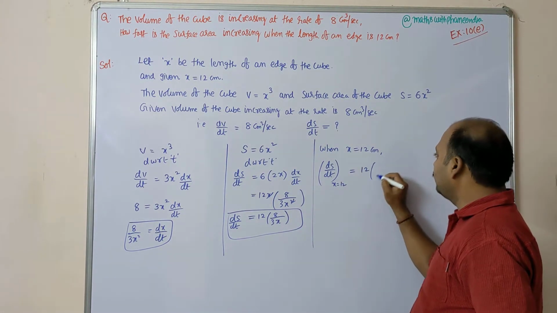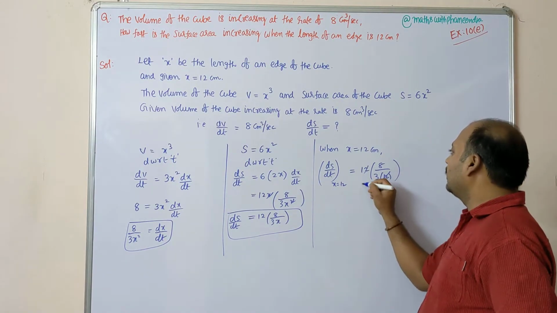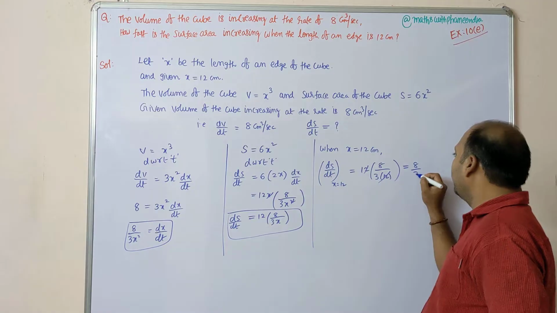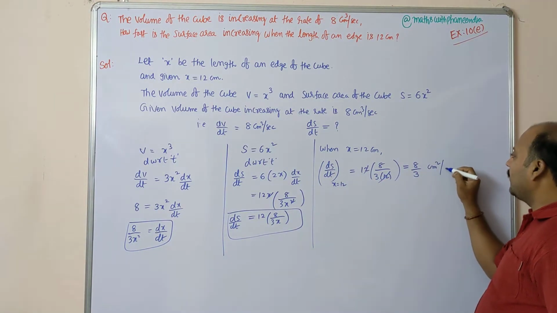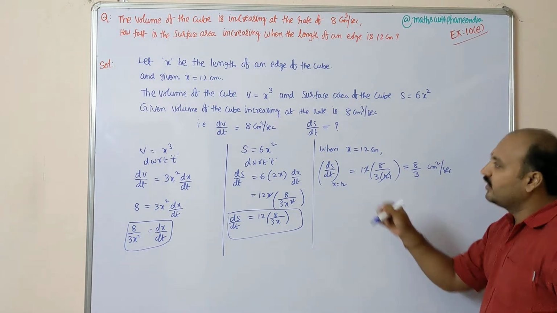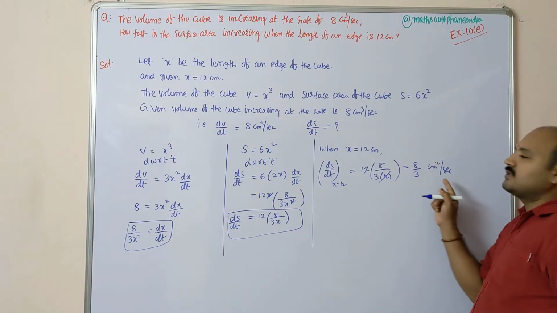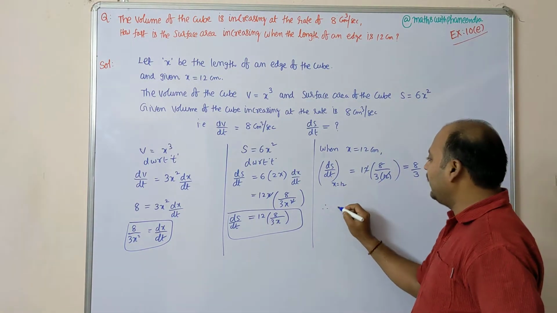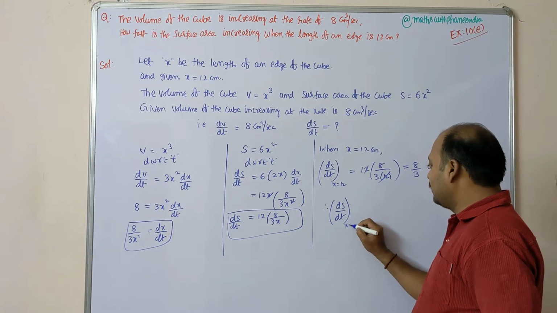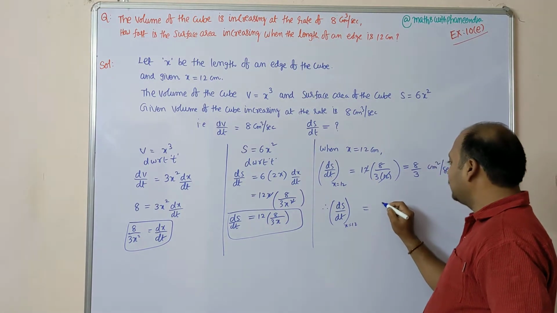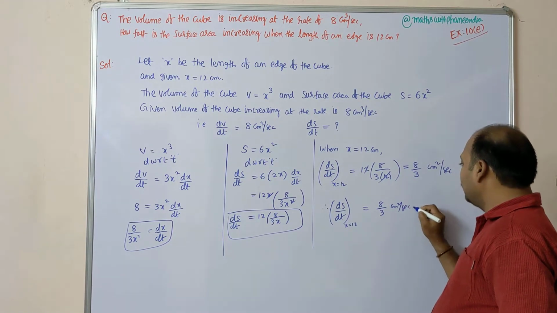So 12 into 8 by 3 into 12. Here 12 gets cancelled. 8 by 3 centimeter square per second. Why am I writing centimeter square? Surface area is area, so square will come. dt means seconds. Therefore ds by dt when x is equal to 12 centimeters is 8 by 3 centimeter square per second.